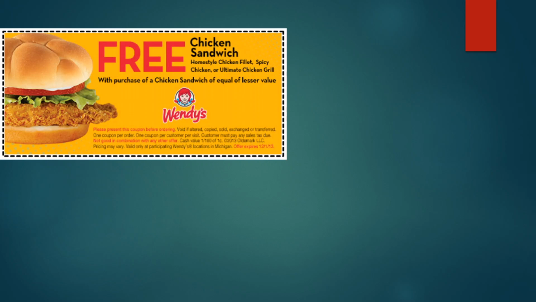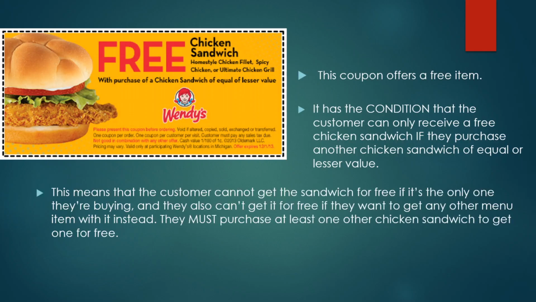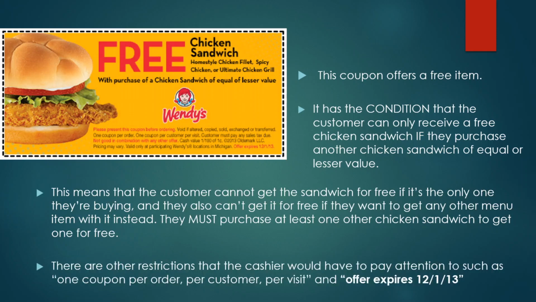Let's look at one more example. Here we have a coupon that offers a free item. It has the condition that the customer can only receive a free chicken sandwich if they purchase another chicken sandwich of equal or lesser value.